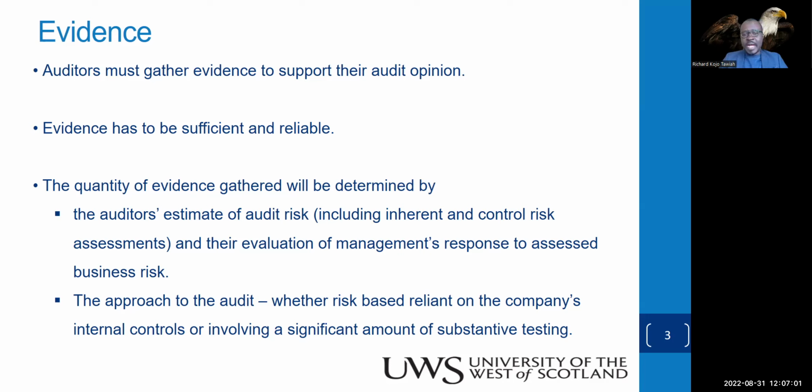Now, the quantity we gather will be determined by our estimate of audit risk. What do we mean by audit risk? Audit risk, let me put it in layman's language, is the risk that the auditor's opinion is wrong. So the auditor ends up giving a clean opinion to the client that everything is true and fair, but in reality they made a mistake. The opinion shouldn't have been that way.